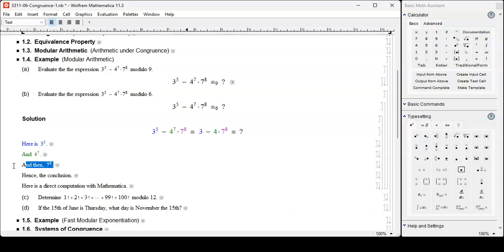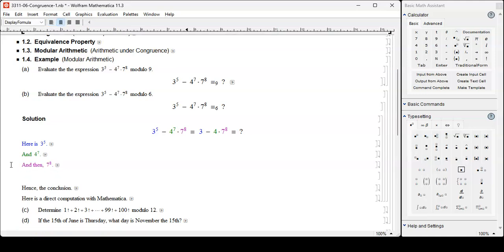And then 7 to the 8th power. Let's see. 7 is congruent to 1 modulo 6. So 7 to the 8th power is congruent to 1 to the 8th power. Oh, that's 1. So this is 1.